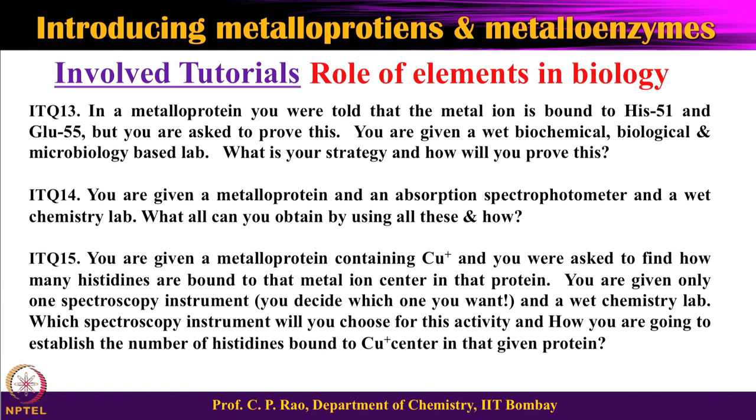For example, you are given a metalloprotein, you can take out the metal by using some chelating agents. Then you get an apoprotein, you can check the apoprotein absorption spectrum, then you start adding the metal ion. As a function of the metal ion concentration, as a function of the pH, all of these you can study. From that you can establish the metal ion, its coordination aspects such as geometry, and many other things can be identified.